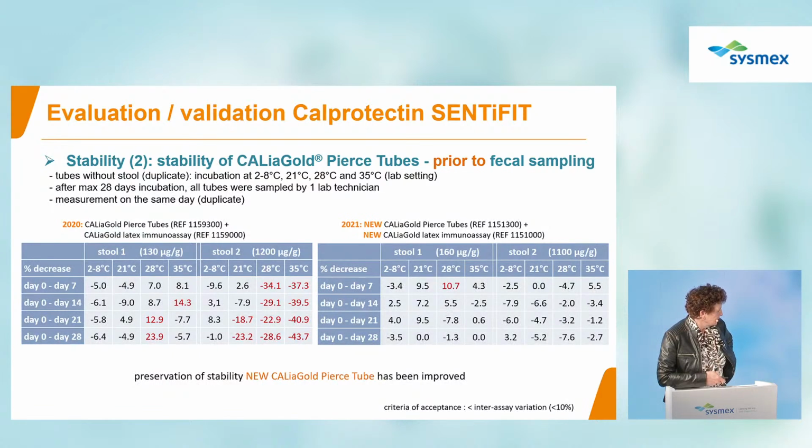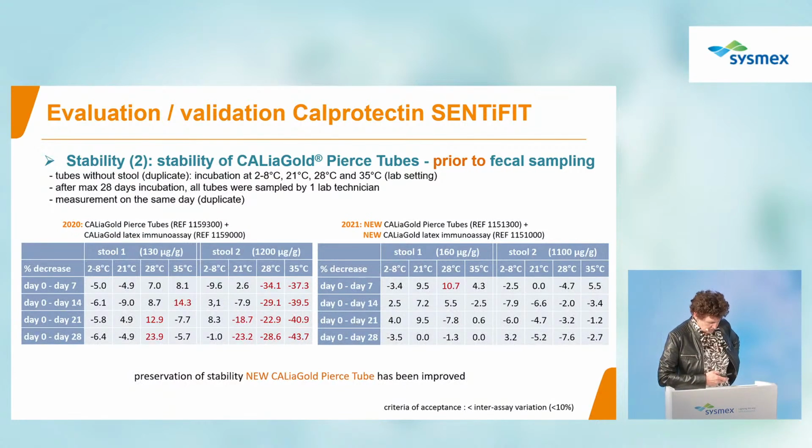When kept in the fridge, you have percentages within 10%, but when you raise the temperature, you see a loss in calprotectin concentration of about 30% when you keep the tube before sampling at room temperature. So that's not quite well.